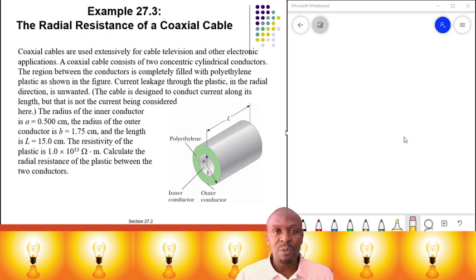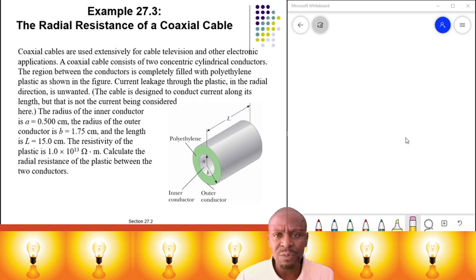Let us also do the following example of a coaxial cable, which is used extensively for cable television and other electronics applications. A coaxial cable consists of two concentric cylindrical conductors. The region between the conductors is completely filled with polyethylene plastic, as shown in the figure.